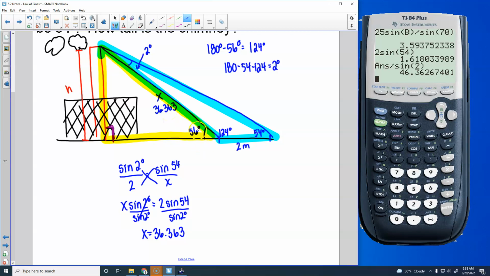But we've got our angle here is 56. We've got opposite and hypotenuse. So we would say sine of 56 equals h over 36.363. And it is. Why am I writing 36? Oh my.